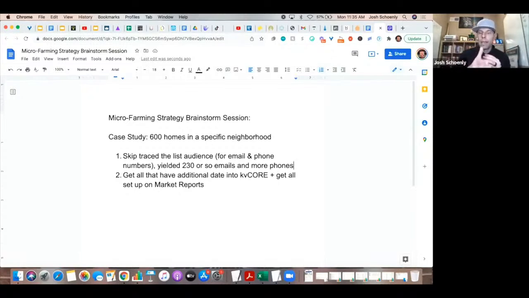So in an example with 600, if 60 of them turned over in the last 12 months, that would be a 10% turnover rate. I would say that's very unlikely. It's possible, but very unlikely. Generally, what you're going to find, it's probably closer to 2 to 3%, maybe 5 or 6%.